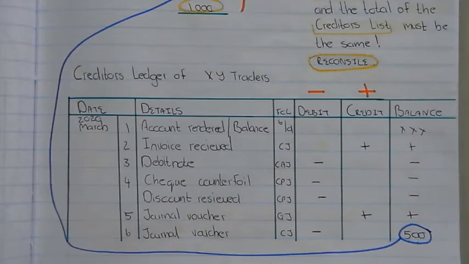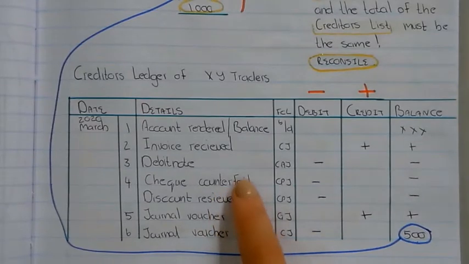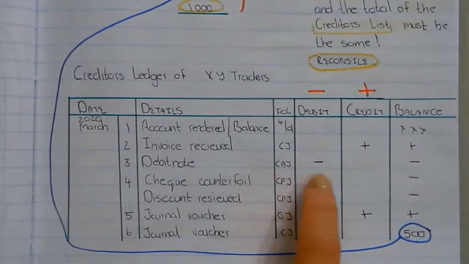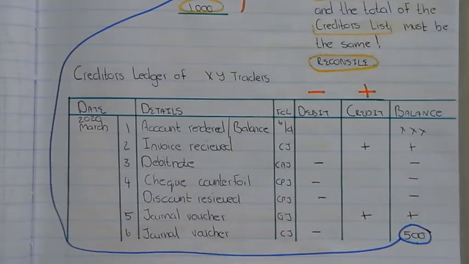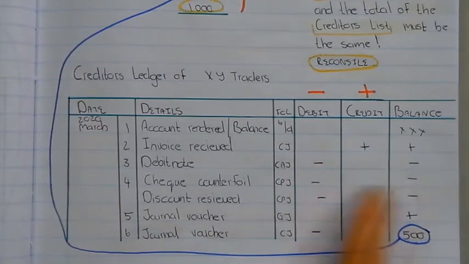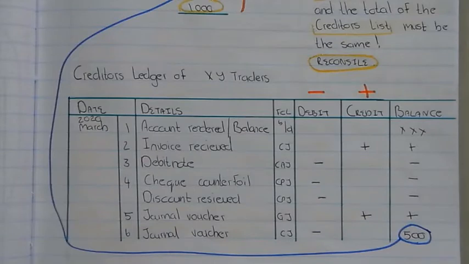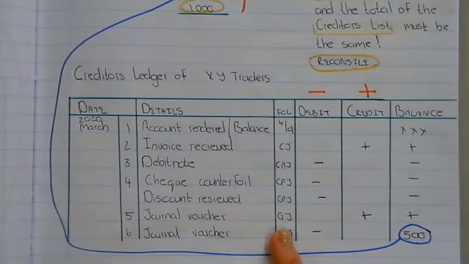When I pay my creditor, remember in my ledger, the amount paid and the discount received will be separate, but in my creditors control account it would be as one entry, and this will then decrease the balance. There can sometimes be entries in my general journal which can either increase my balance or decrease my balance.